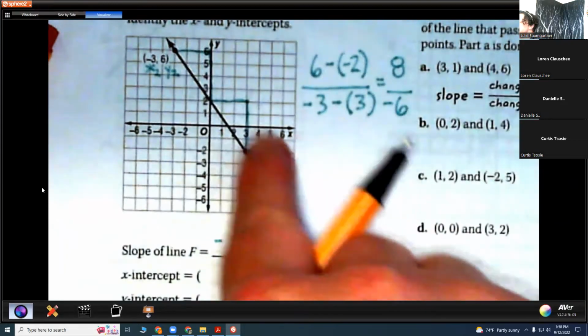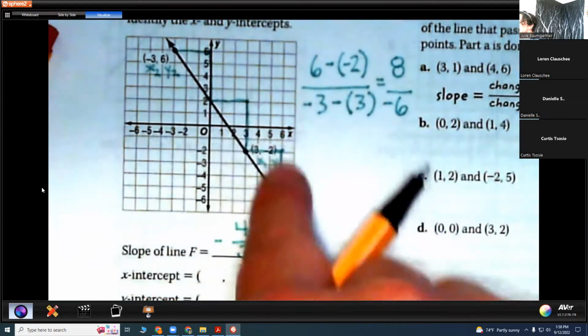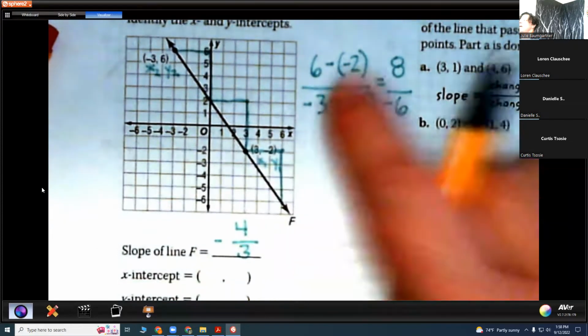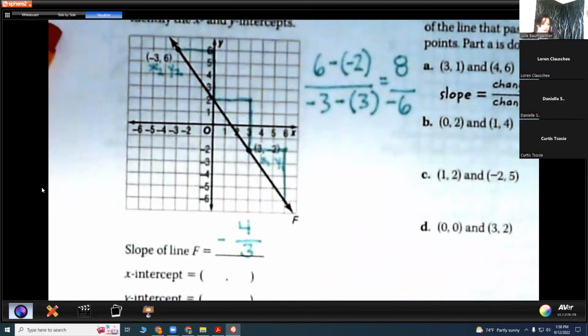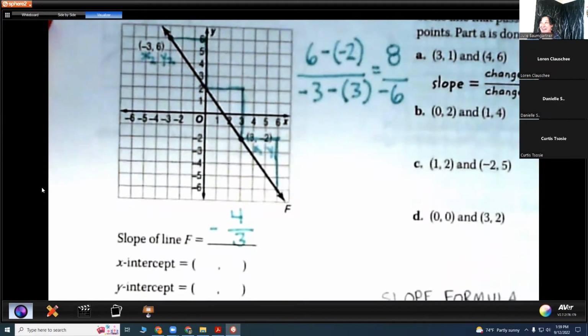So the slope is constant. The change between the points stays the same, and that's the shape. You guys feeling okay about calculating?